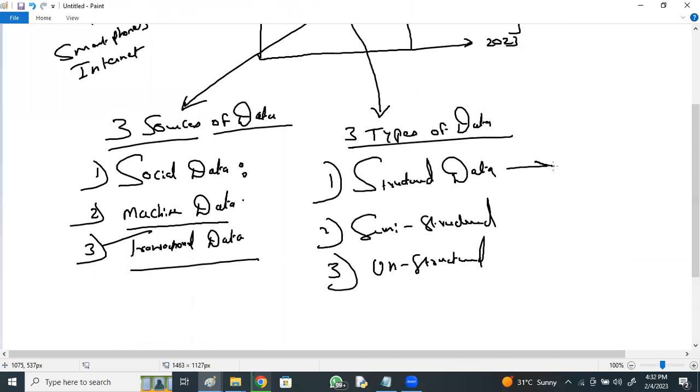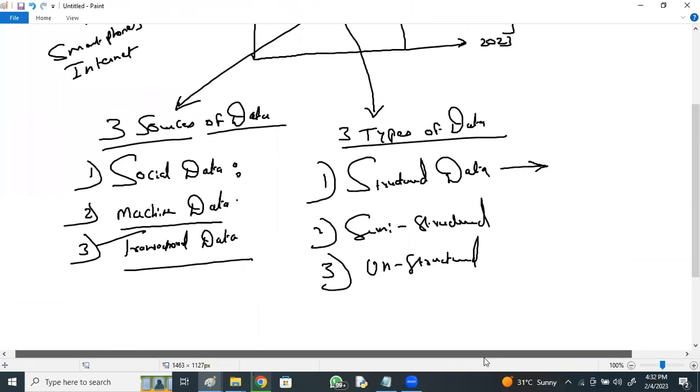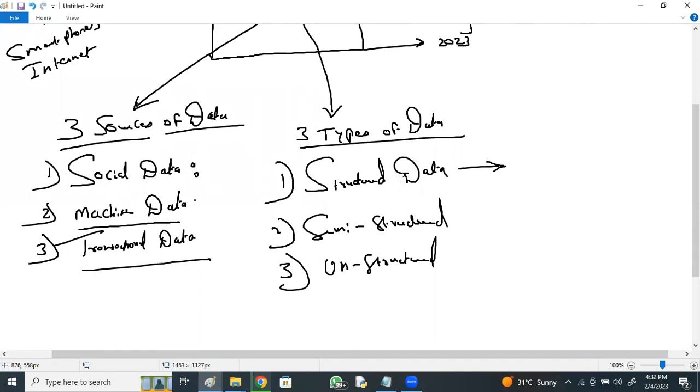Structured data means data organized in the form of rows and columns in a structured manner, like database tables and Excel files.